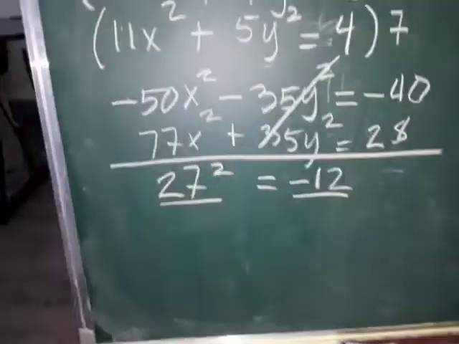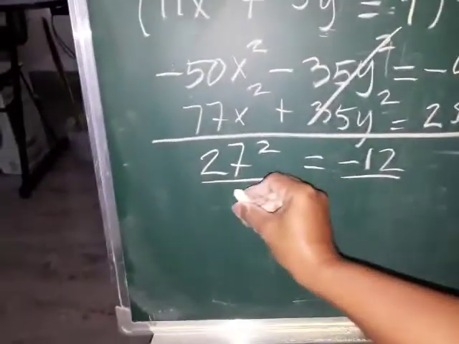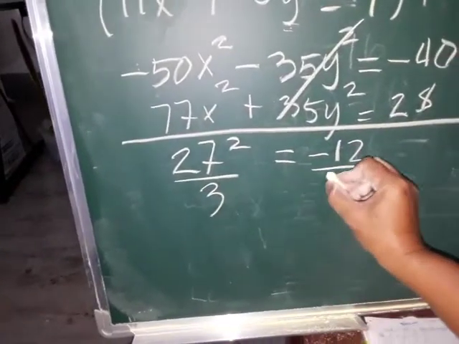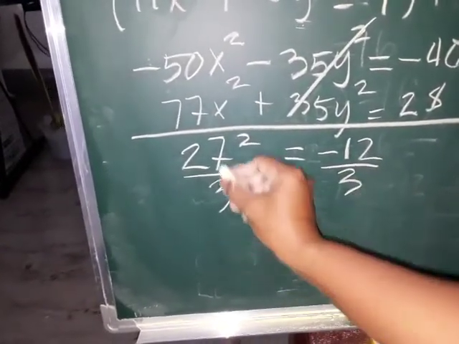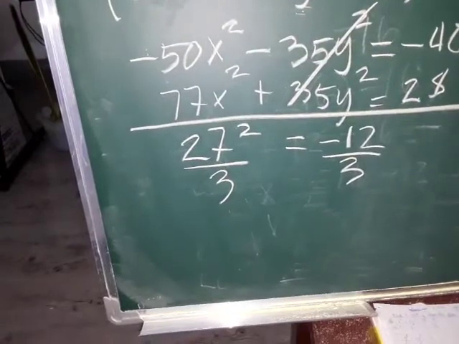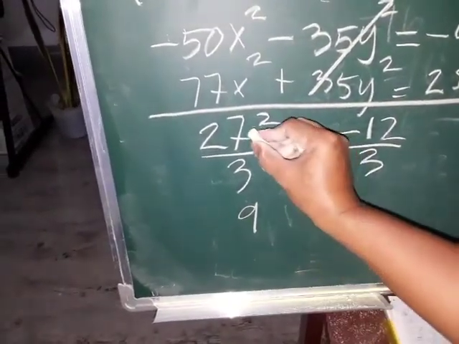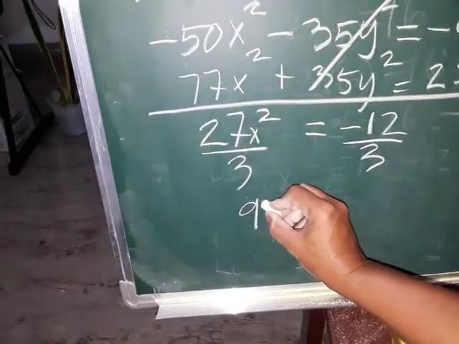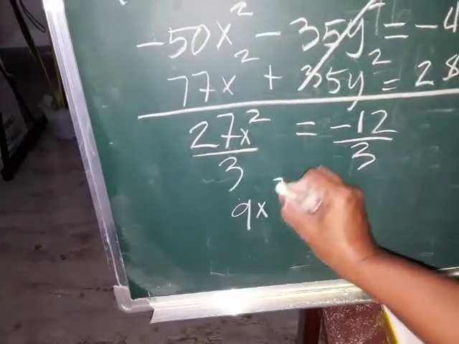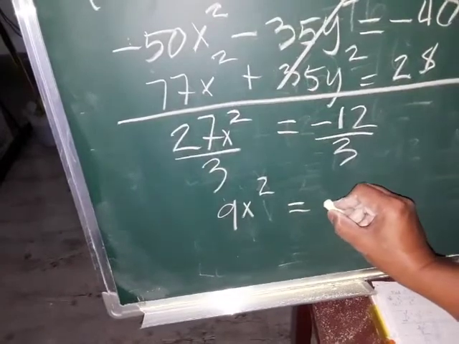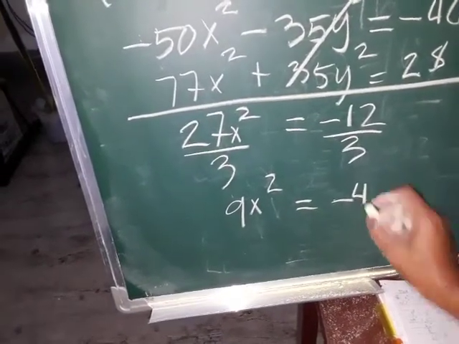Yes, it is divisible by 3. So 27 divided by 3 is equal to 9. I forgot the x. x squared is equal to negative 4.